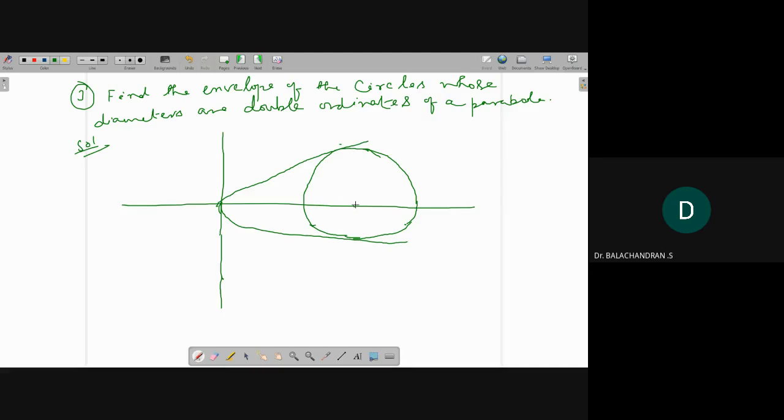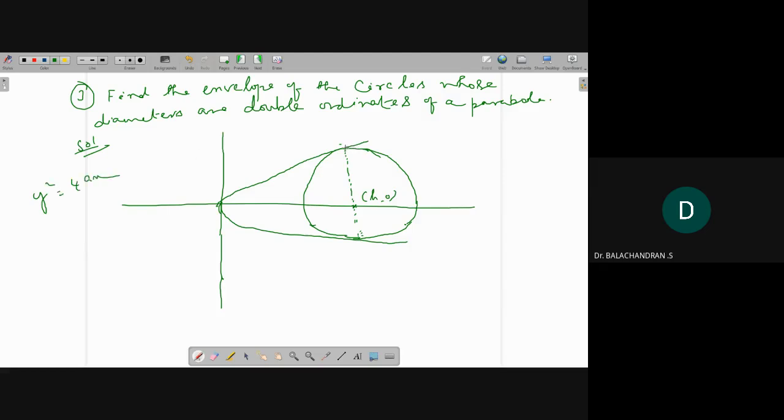Okay, this is the center, I'll take h comma 0. So this is the diameter of the circle passing through the origin. Now this is the parabola y square equal to 4ax.